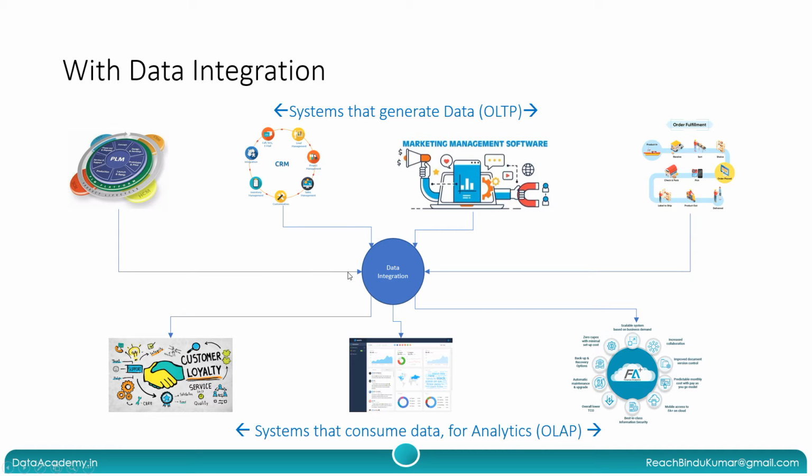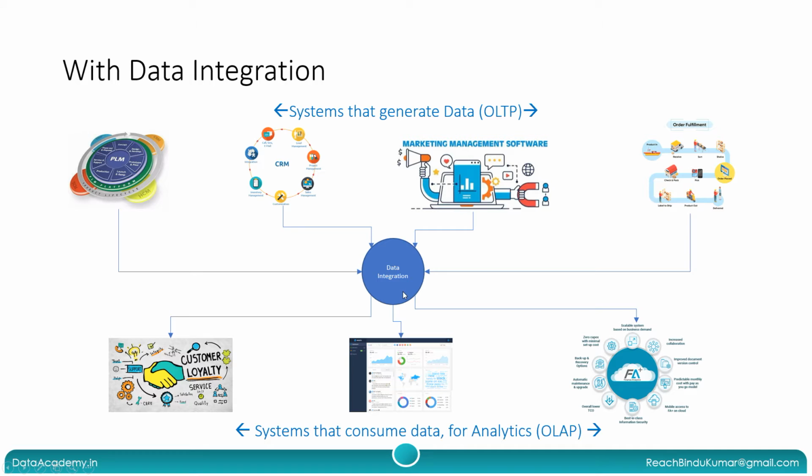Either they push or the data is pulled from the systems. Now the data integration project becomes the central hub from where all these other systems can pull in their information. This also resembles a data lake, in case you have seen it before.